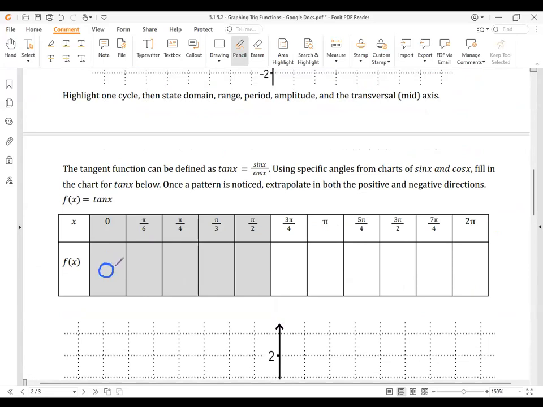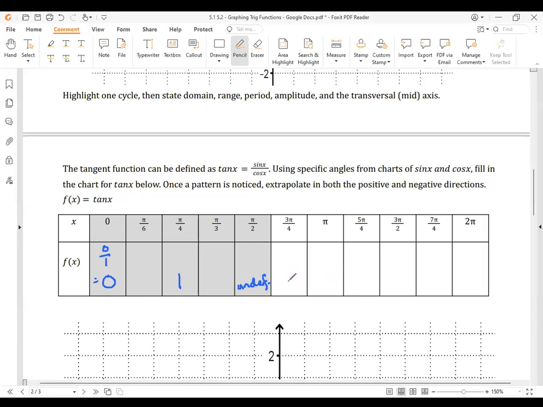Why not start with the 45 degrees? So 0 divided by 1 is a 0, right? 0.7 divided by 0.7 is 1. 1 divided by 0 is undefined. And then pi, then it's here.